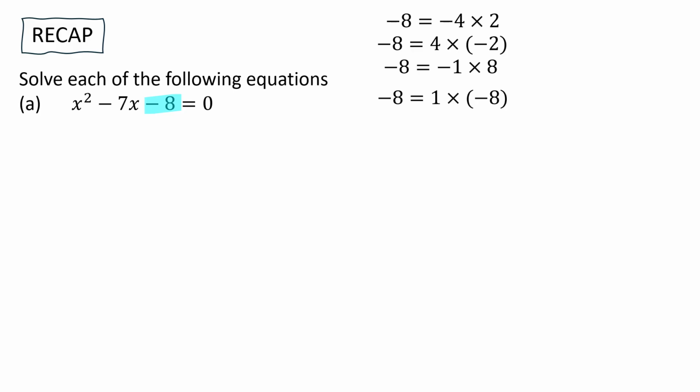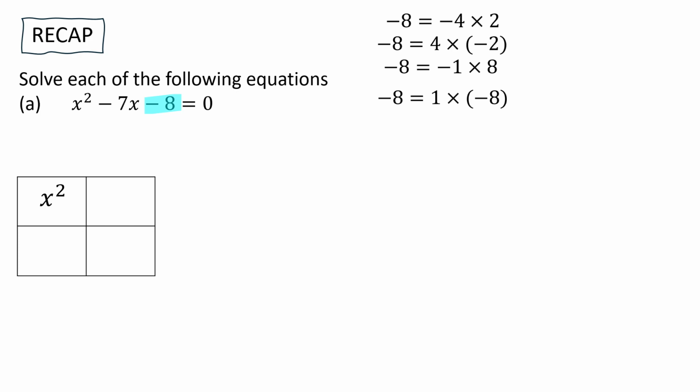Right. Since we're using the box method, we need a box. So we're going to divide this box into four small boxes. How are we going to label it? We're going to fill in the first box as x squared, and the constant negative 8 diagonally.